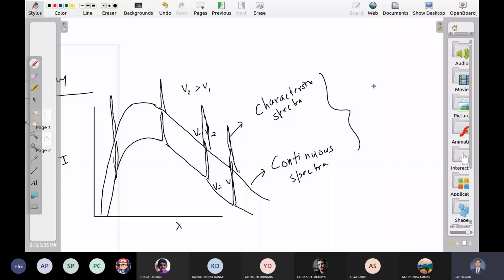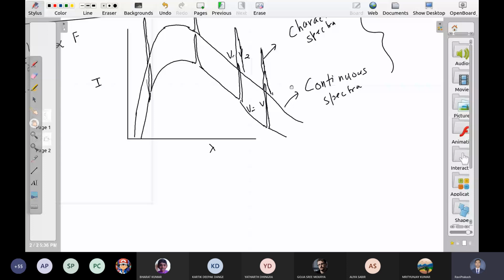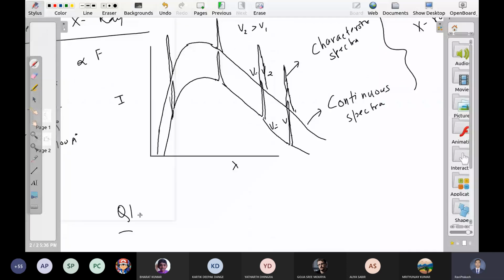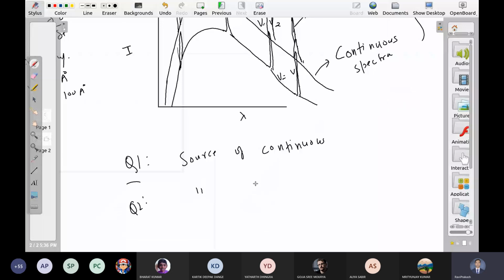So we have two questions. Source of continuous. I mean, why do we get such a curve? ये curve कहाँ से आ रहा है, क्यों आ रहा है? Second question is source of characteristic spectra. Why do we get these peaks? ये peaks कहाँ से आ रही हैं?